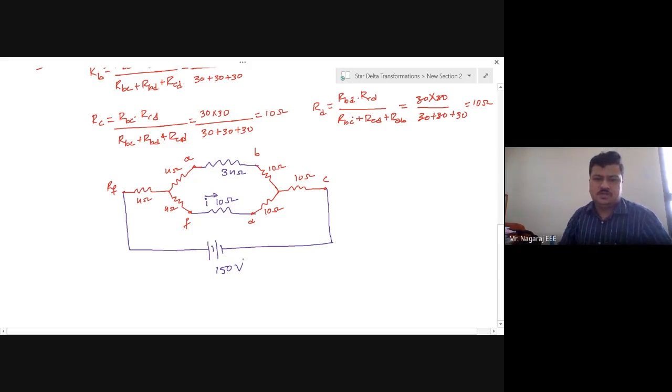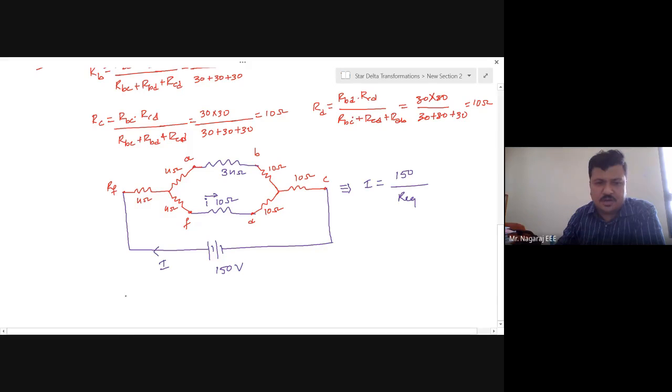150 volts. Now it is a simple application of branch current formula. Now this is I. I will rewrite this circuit as, find the main current I. So I is equal to 150 divided by R equivalent. Now what is R equivalent? It is a series parallel combination of these. 4 ohm, 34 ohm, 10 ohm are in series. 4 ohm, 10 ohm, 10 ohm are in series. So 4 ohm and 10 ohm are in series.